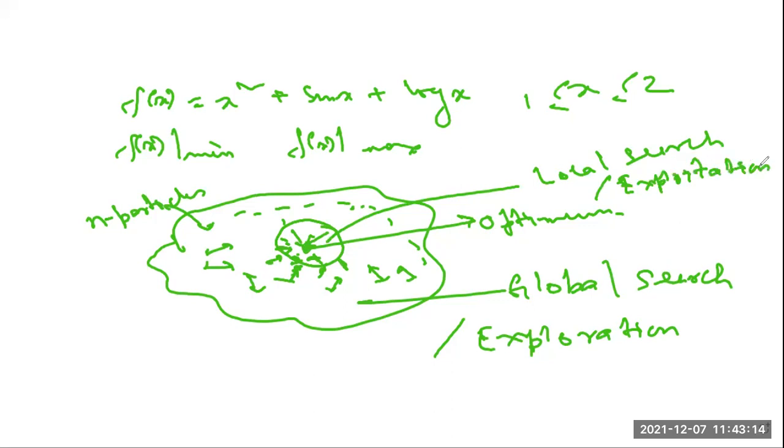So any optimization technique is broadly classified into: first step initialization, second step exploration, and third step exploitation. First you initialize, then the global search, and then the local search.